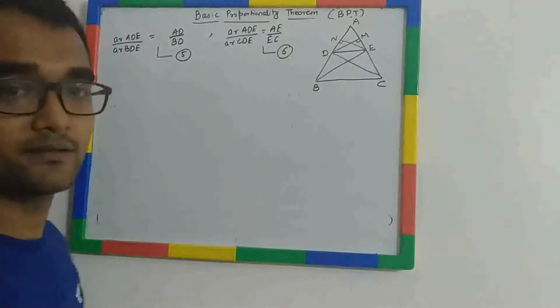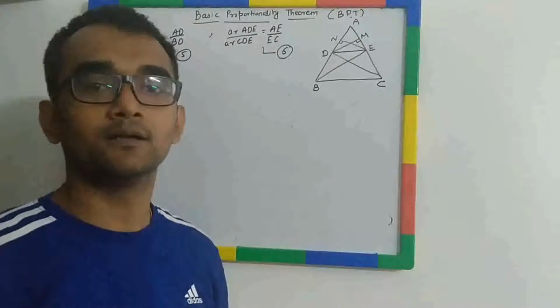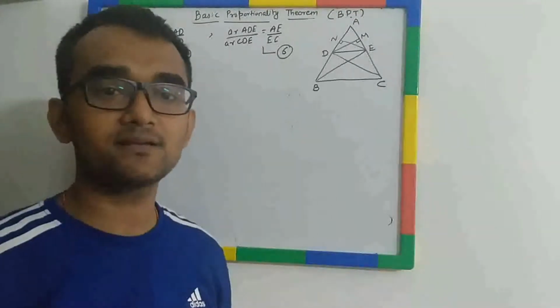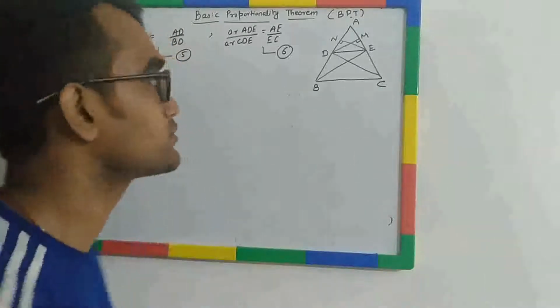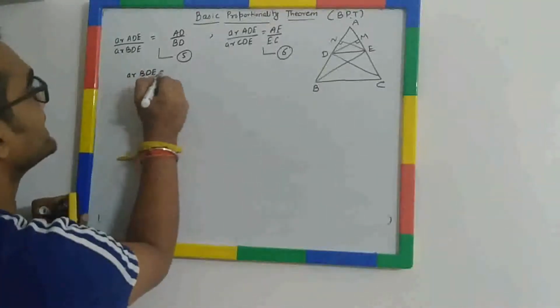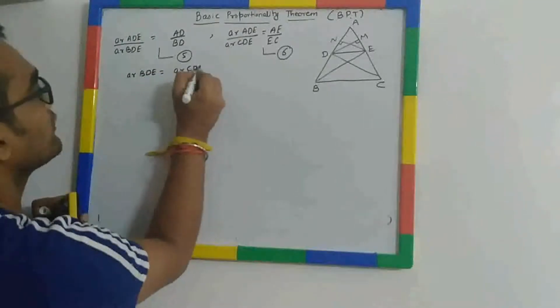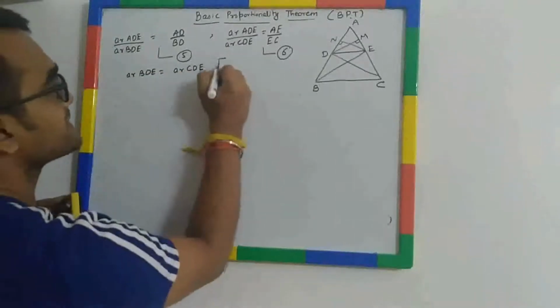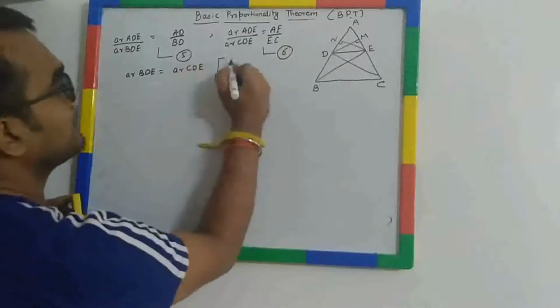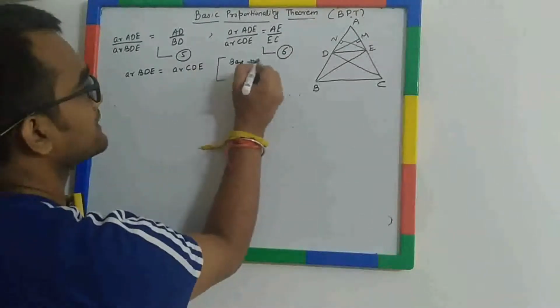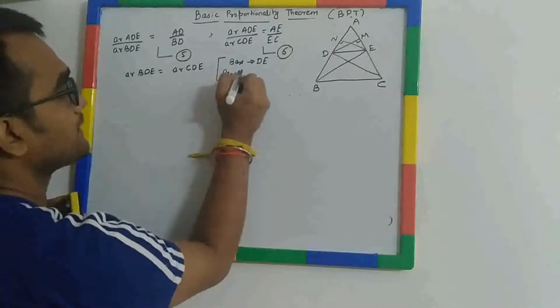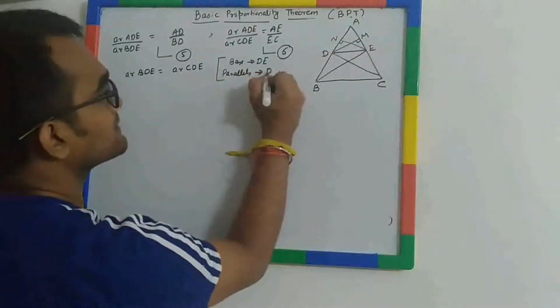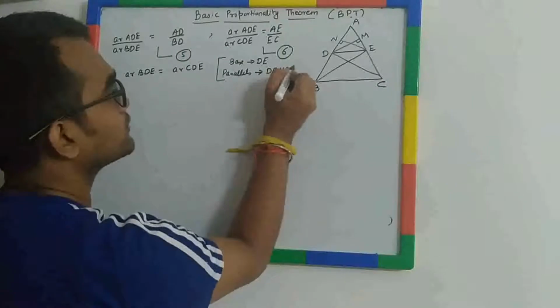From class 9th, there was a theorem that two triangles lying on the same base and between the same parallels are equal in area. So, area of BDE will be equal to area of CDE as they both lie on the same base DE and between the same parallels, DE parallel to BC.